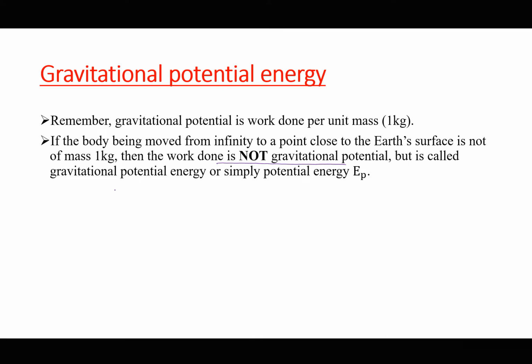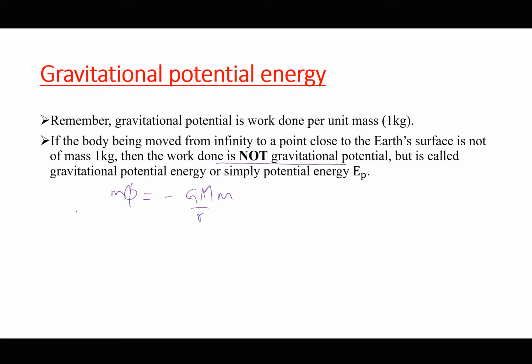If the work done per unit mass, just 1 unit mass, is called the gravitational potential, which is negative GM over r, then the work done to bring the whole mass will be, we shall just multiply this by m both sides.